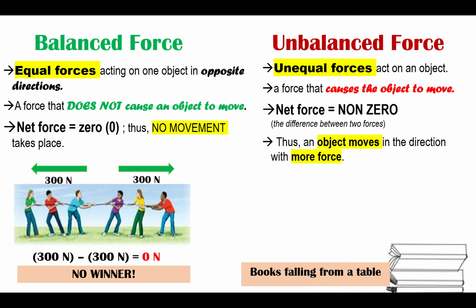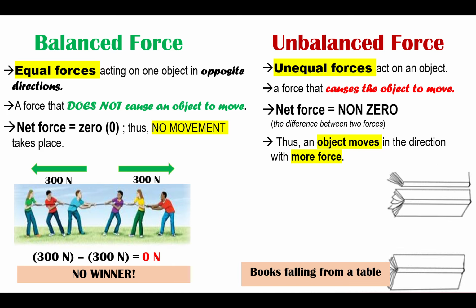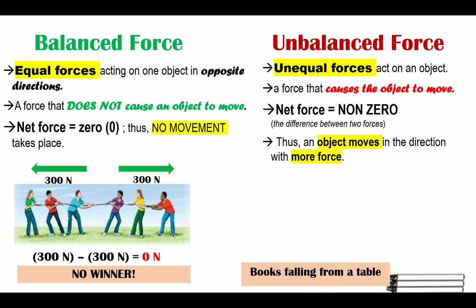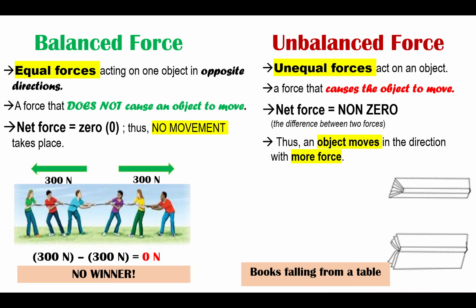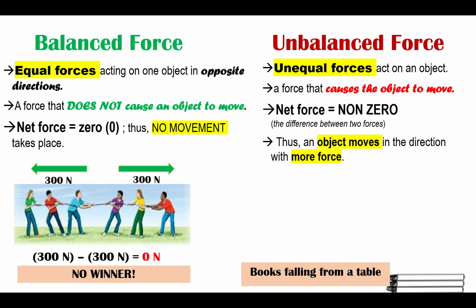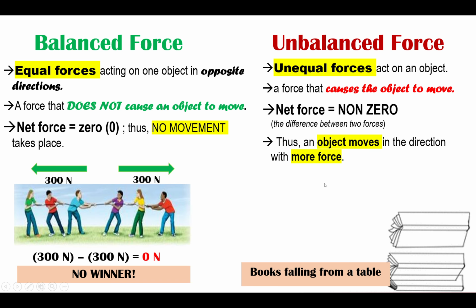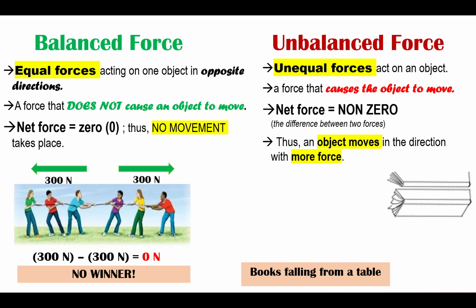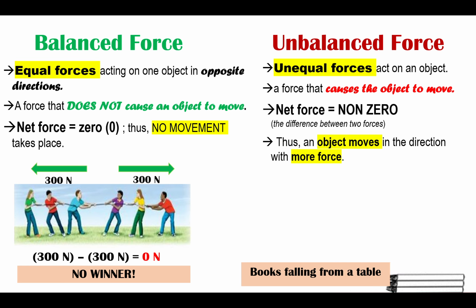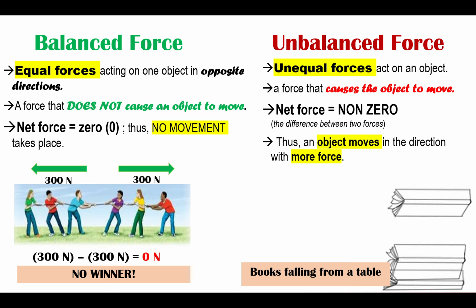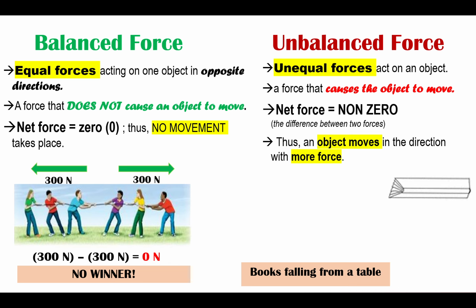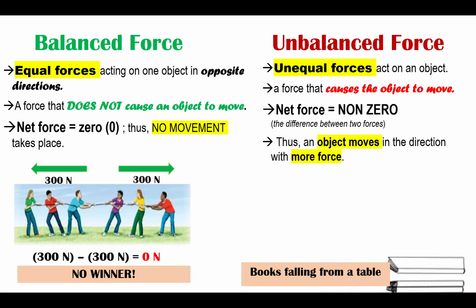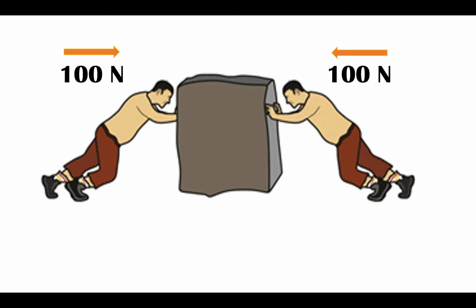That's the reason why the book falls from the table. There's motion, there's movement. So interestingly, there's an unbalanced force in there. So remember, guys, even though gravity is always paired with a reaction force, in this case, the forces are unbalanced, causing motion.